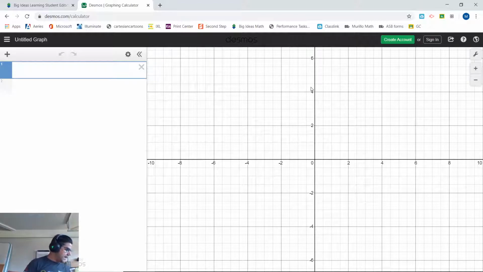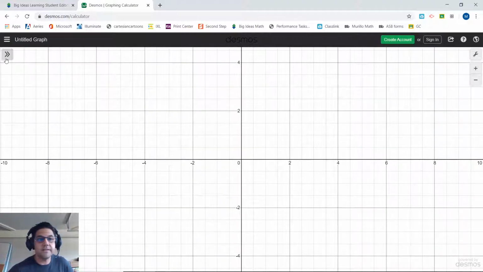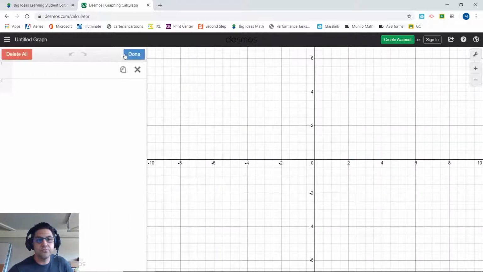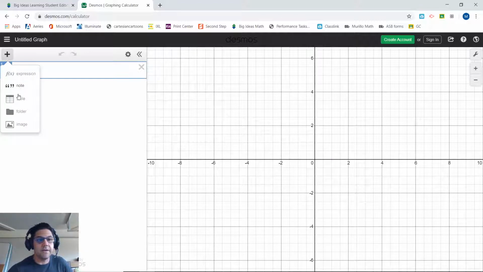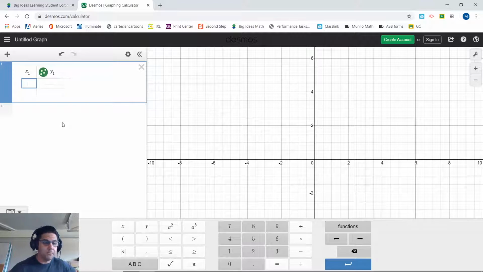Looking at number 11, it says graph the data. What we could do is, let's see if we can find it. There was a setting here. There we go, table. Want to put a table in.